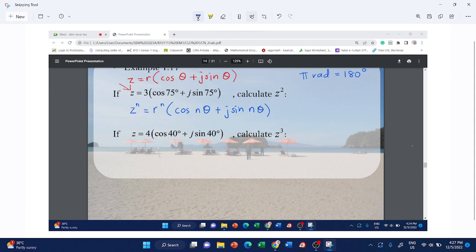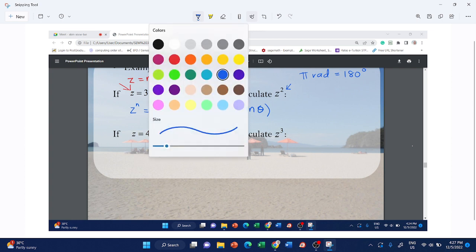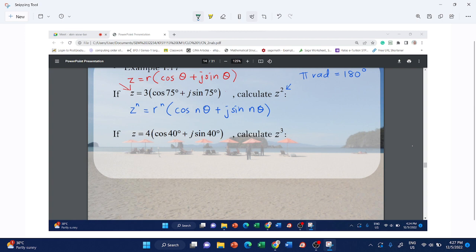Now we want to calculate z to the power 2. What is your n value from the question? Calculate z to the power of 2.